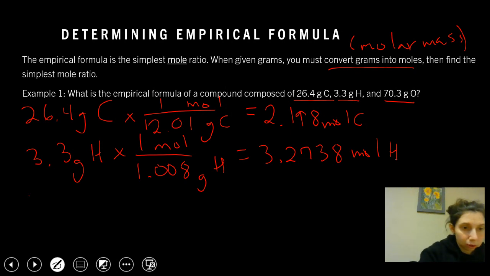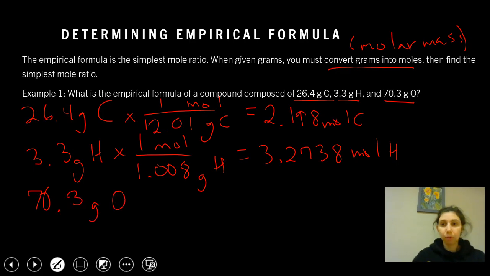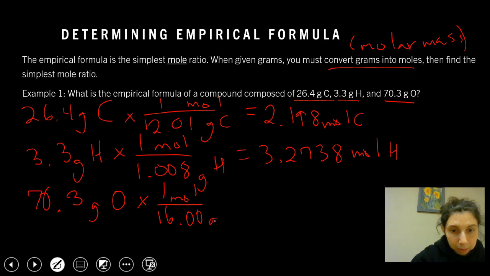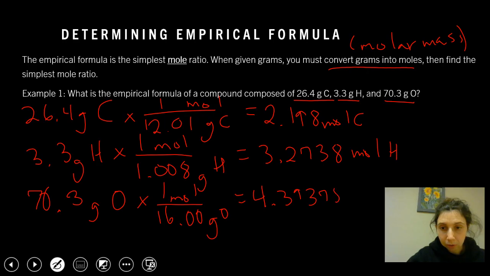The goal is to get whole numbers at the end, so we can round at the end. So lastly, I have 70.3 grams of oxygen. And again, I'm going to convert from grams of oxygen into moles of oxygen by dividing by my molar mass. So 70.3 divided by 16, that 16 comes from the periodic table, is 4.39375 moles of oxygen.